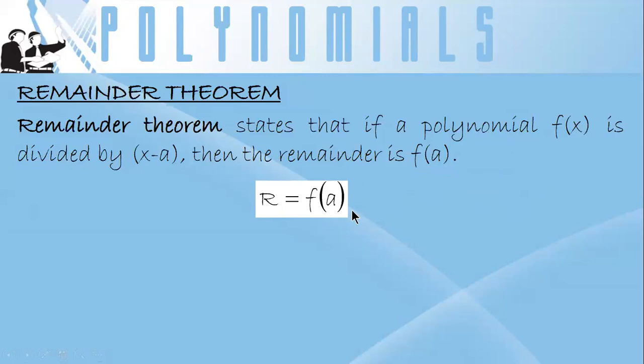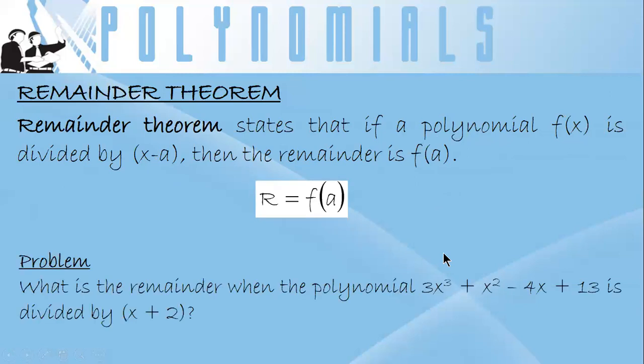What does f of a mean? It is the value of the function f of x when x is replaced by a. So in your polynomial f of x, you replace the variable x with a, and then simplify. The result is the remainder. But our divisor is by default x minus a.